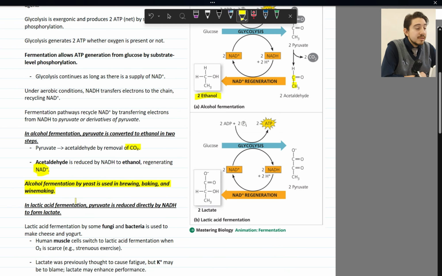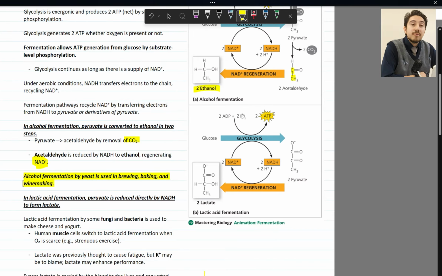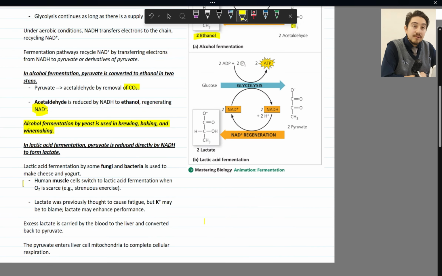Certain organisms do this, and yeast is of particular importance. We all know we use yeast for commercial use in industry, ultimately for brewing, creating alcoholic beverages, baking, winemaking, etc. Alcohol fermentation: no need for oxygen.